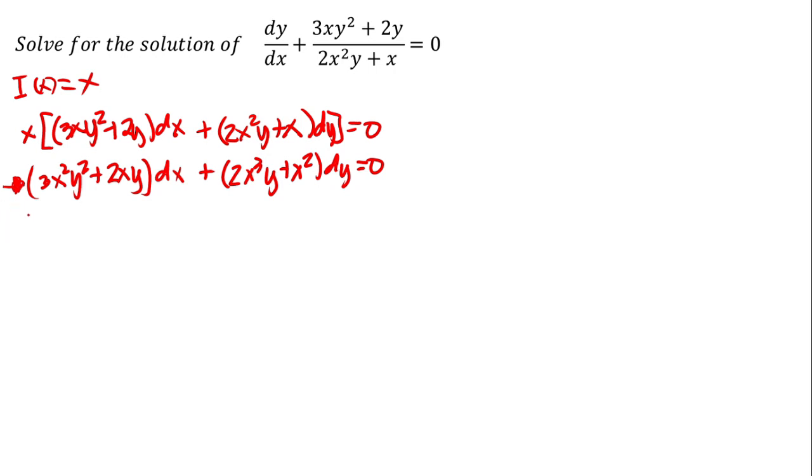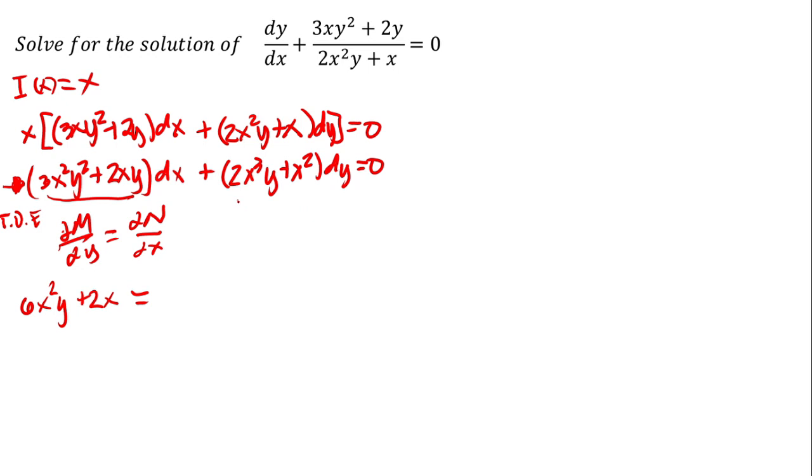So now we have to check if this is exact. We are going to use the test of exactness: the partial derivative of m with respect to y equals the partial derivative of n with respect to x. So we differentiate this one with respect to y, we have 6x squared y plus 2x.